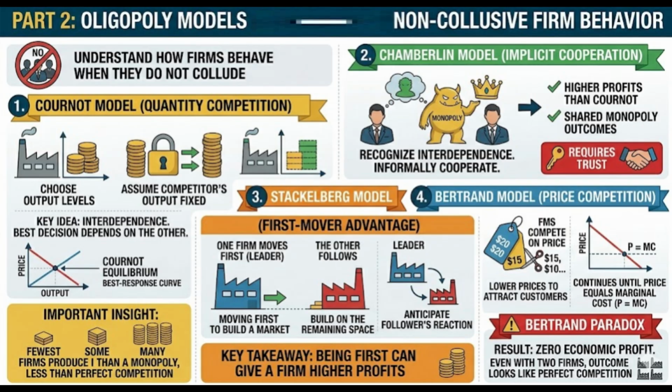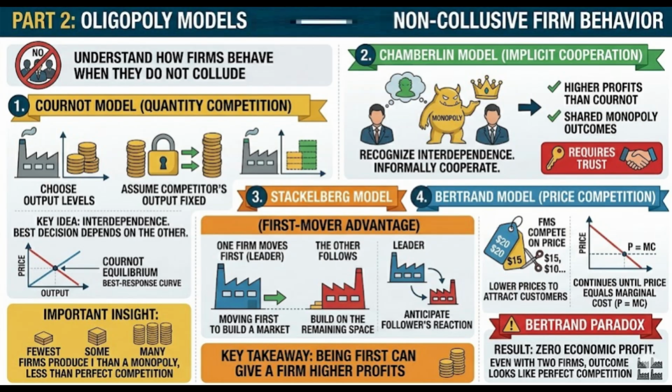The key idea is interdependence. Each firm's best decision depends on what the other firm does. This leads to something called a best response curve. And where both firms' responses meet, we get the Cournot equilibrium. Here is an important insight: firms produce more than a monopoly but less than perfect competition.